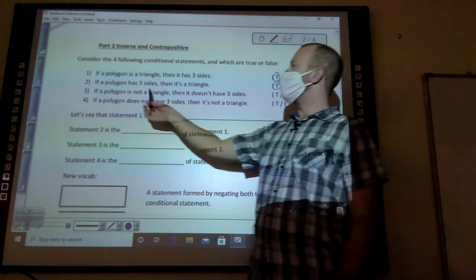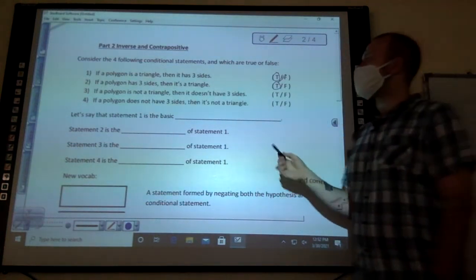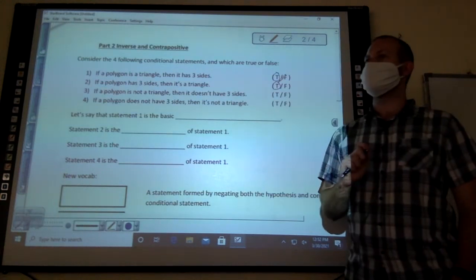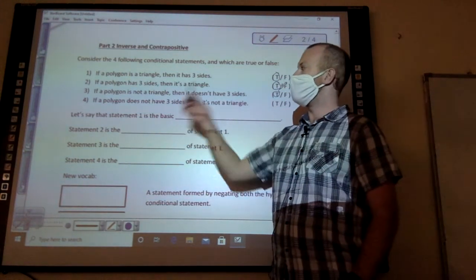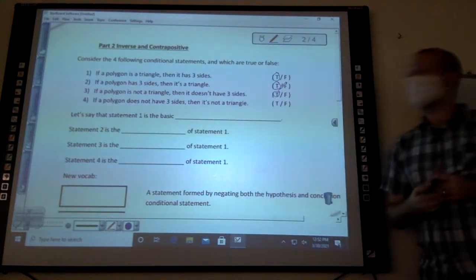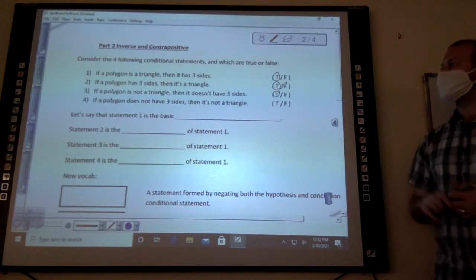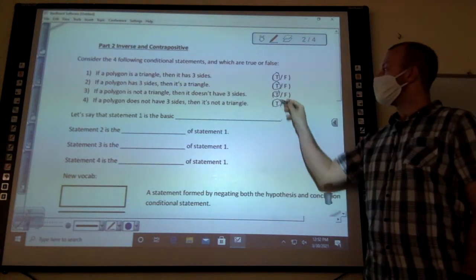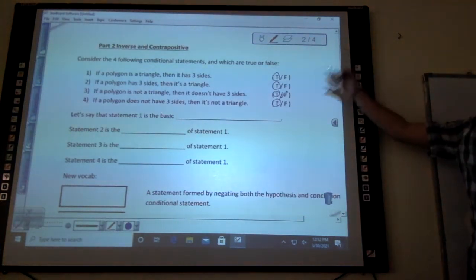If a polygon is not a triangle, so if it's anything other than a triangle, then it does not have 3 sides. That one's also true. So if a polygon does not have 3 sides, so it has 4, 5, 6, then it must not be a triangle. Also true. So in this one, all 4 of these cases are true.